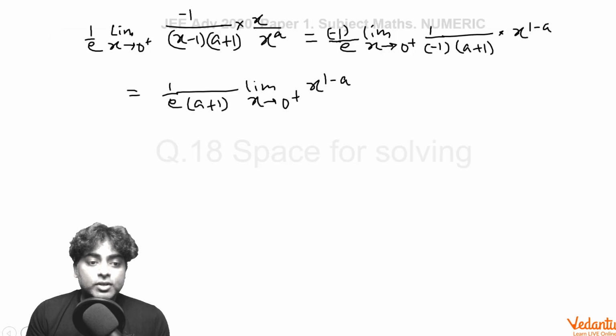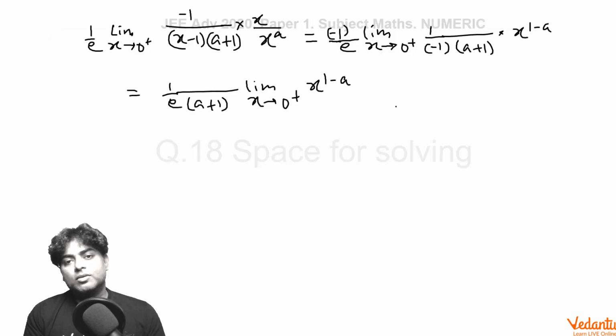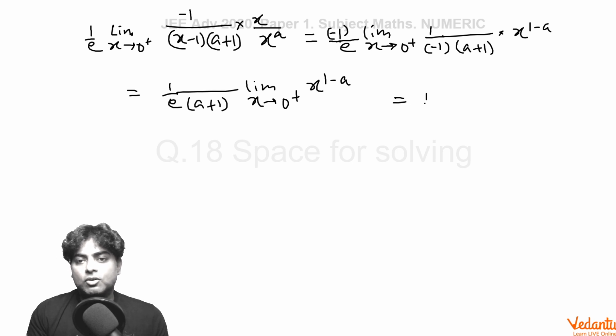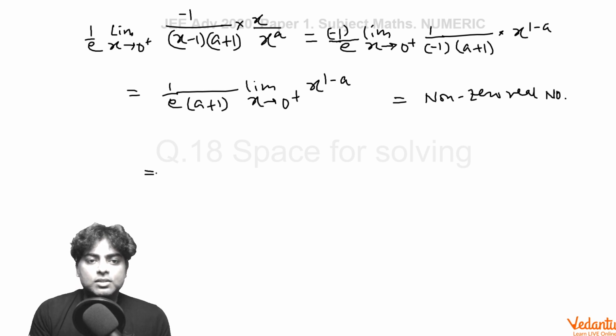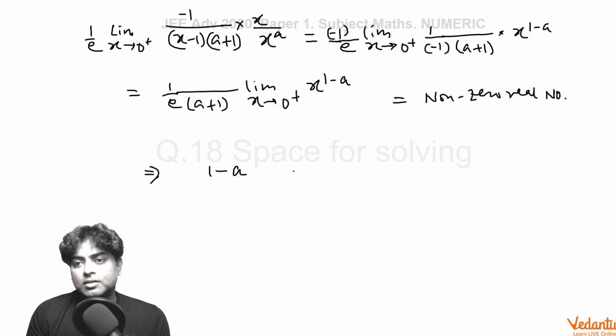So in order for the limit to be a non-zero real number, we must have a such that 1 minus a is 0, x raised power 0.